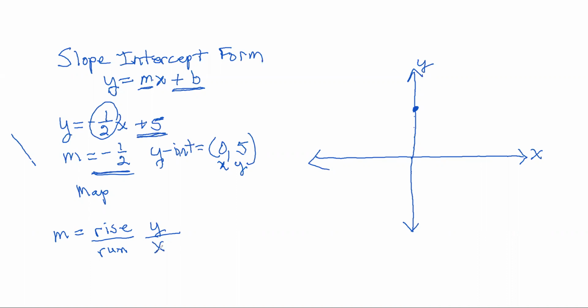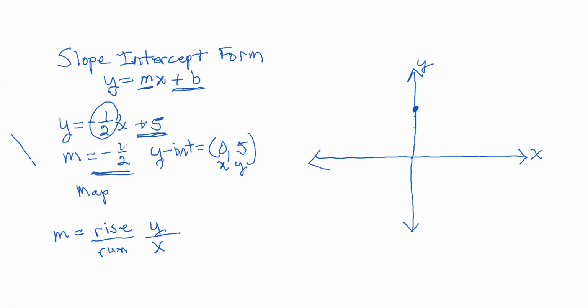When using slope to go from one point to the next, we always do y first and then x. Unlike when I'm just plotting a point and I start at the origin, when I am using slope, I'm going to start at the point I just made. And I never ever start at the origin unless that's the point I just made. So I'm going to start right here at this 0, 5.